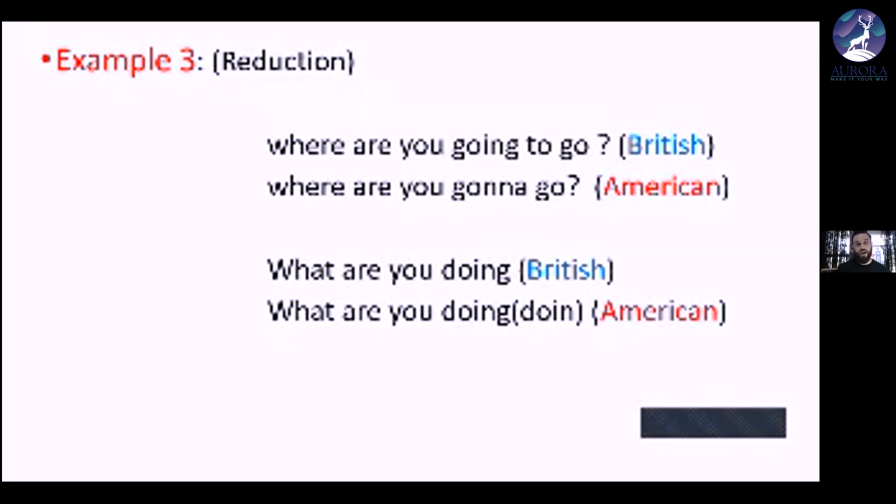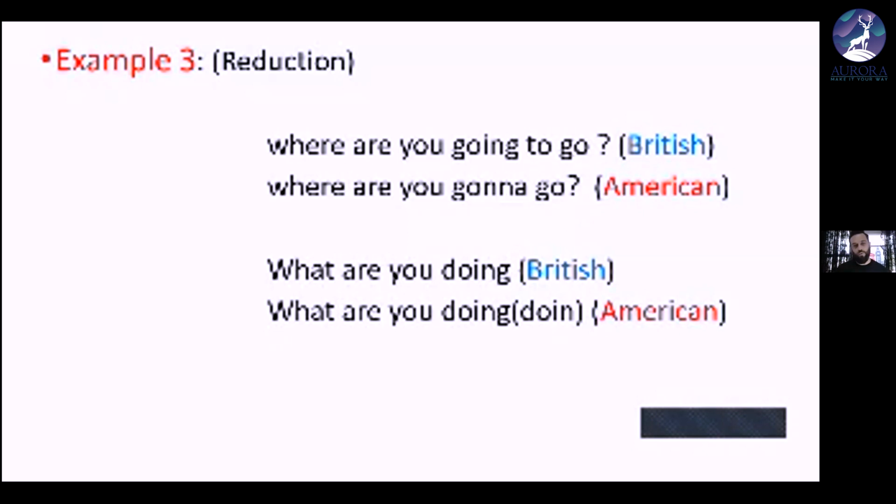The American style, the red one, listen to it. Where are you gonna go? So using going to is different from using gonna. So when you see someone who uses going to, you may think that he is from England, from Britain. But when he uses gonna, you can be sure that he is from America, USA.